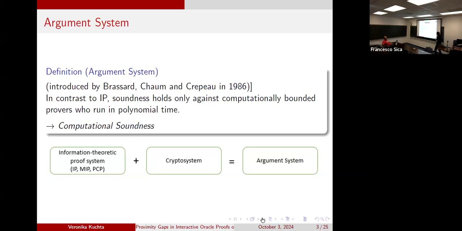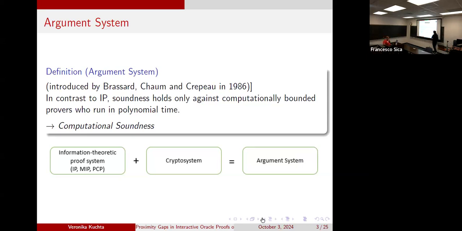In this case, we talk about argument systems or cryptographic proof systems, but usually we call them argument systems. That means in argument systems, we are talking about computational soundness, assuming that the prover is computationally bounded.